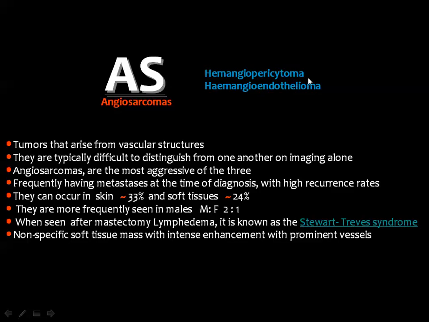mentioned that hemangiopericytoma is now coupled with the solitary fibrous tumor, and they are both considered benign lesions, and also the hemangioendothelioma. But angiosarcoma is one of the sarcomas that arise from the vascular structures, and it has no specific imaging criteria.